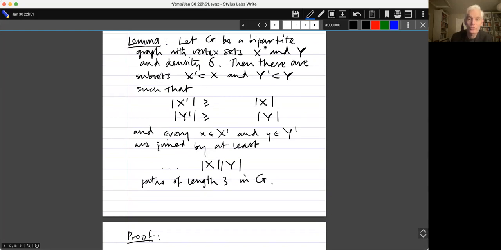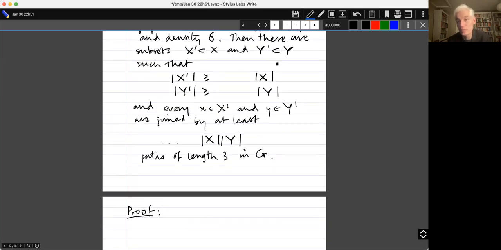What we're going to do is pass to a subset of X so that the minimum degree rather than just the average degree is large, because if you've got a subset where the minimum degree is large, then whenever you pass to a further subset, you still have large minimum degree.